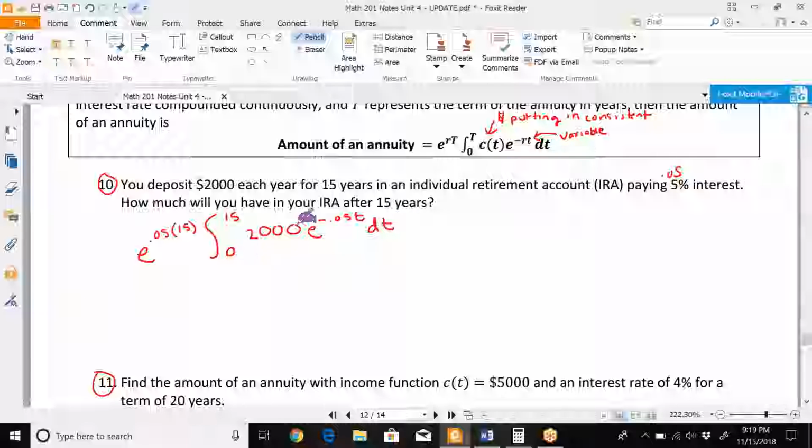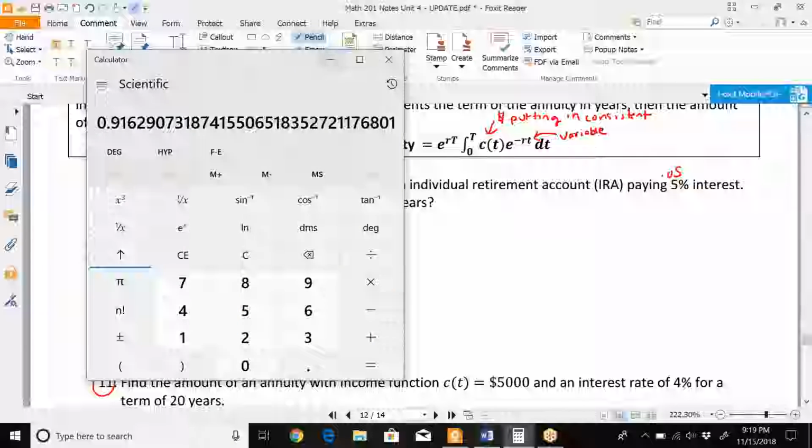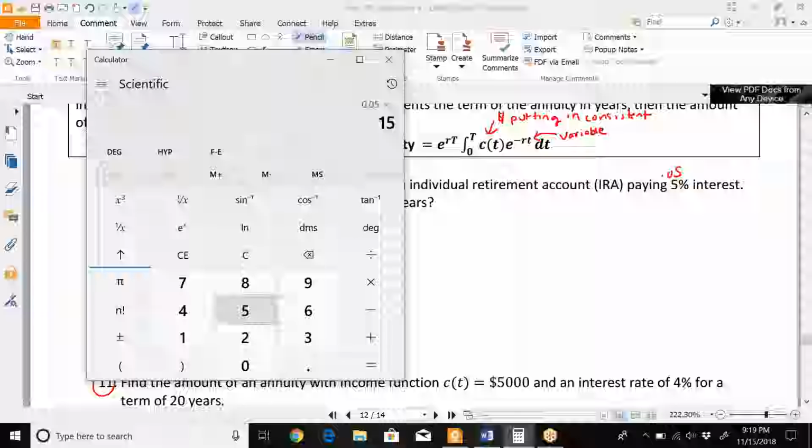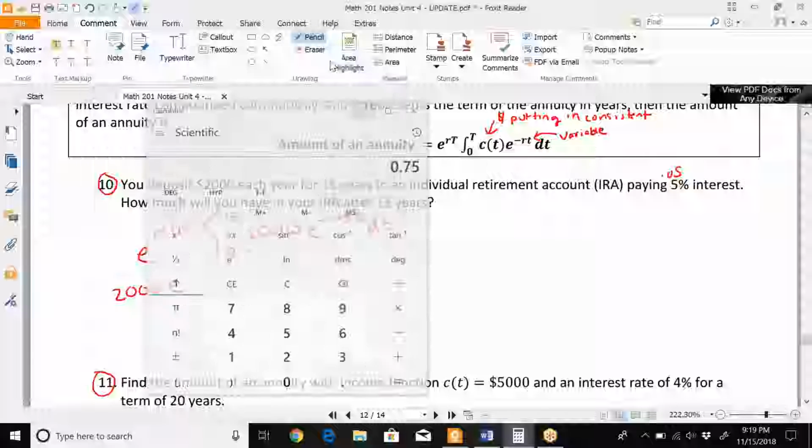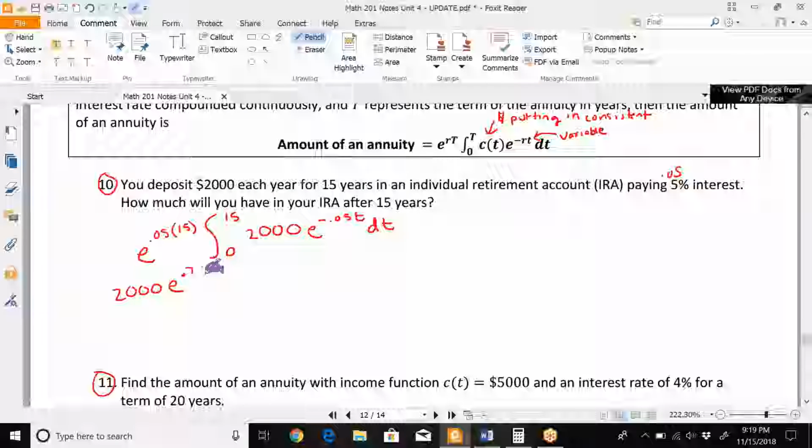Okay, the first thing I would do is I would probably pull this 2,000 out to the front, since it's just a coefficient. And I would go ahead and work out that 0.05 times 15, which is 0.75. That just makes this easier to write. Then I have my 0 to 15, e to the negative 0.05 t dt.